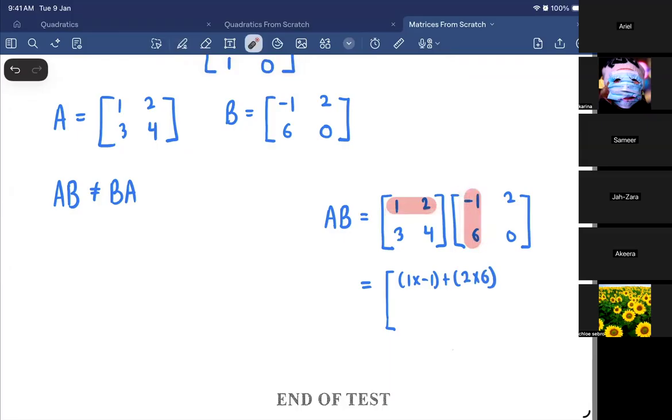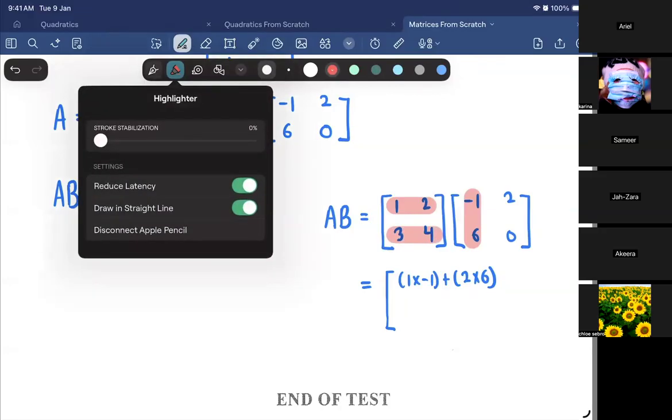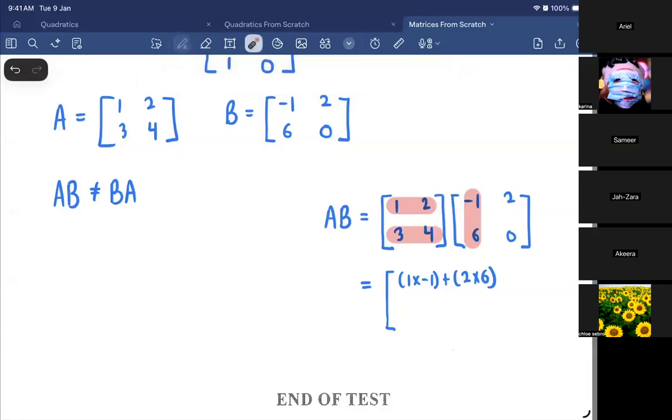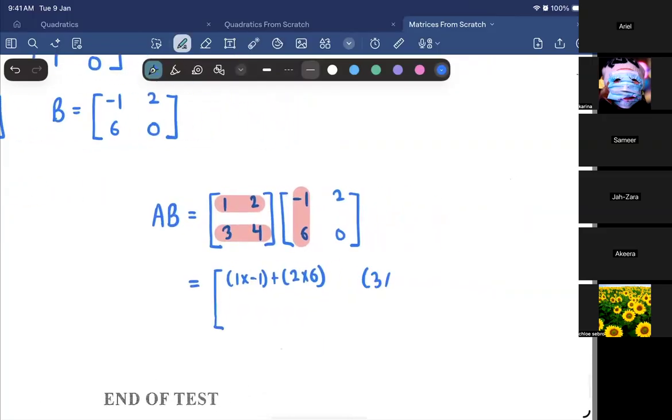Tell me, Joshua, is this the only row in this matrix? No. What's the other row? 3, 4. Right. So we need to multiply 3 by 2, 4 by 0. I mean, technically you could do that and put it over here, but I want to stick to a specific structure.